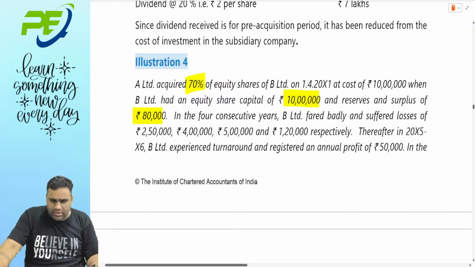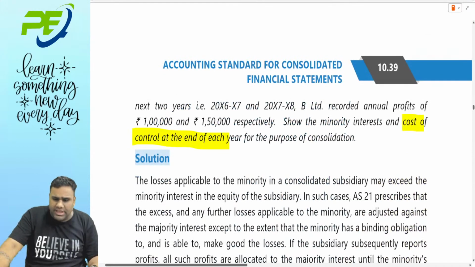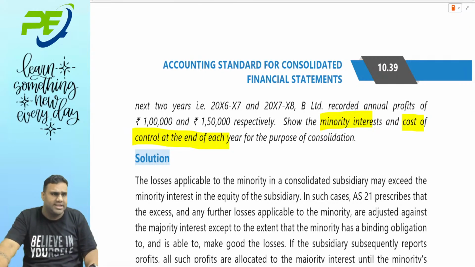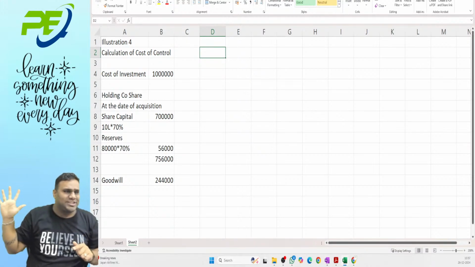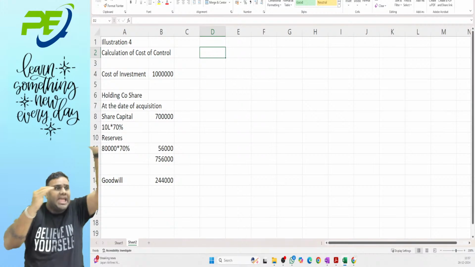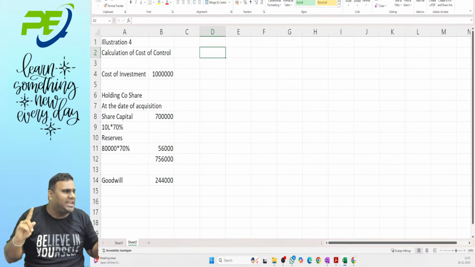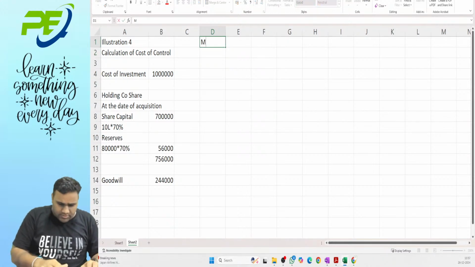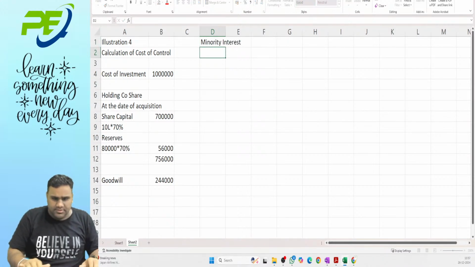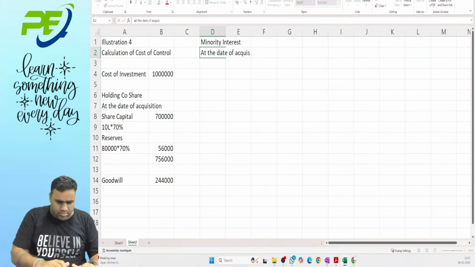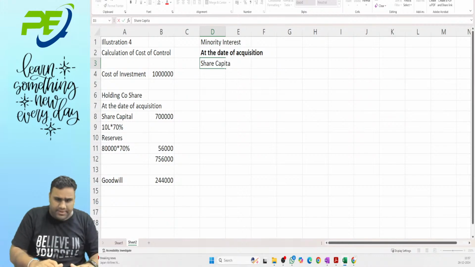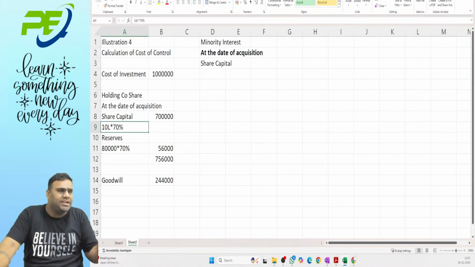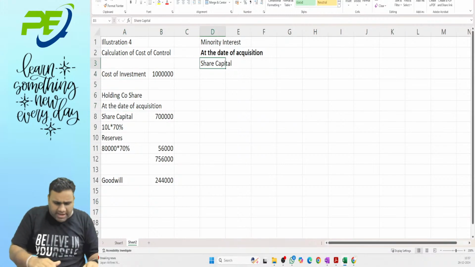Now we have calculated cost of control and they are asking for minority interest every year. So I will start from the beginning: minority interest on the date of acquisition. Then we will see every year how the minority interest changes. Minority interest at the date of acquisition: share capital, 10 lakh, 70% is holding company, 30% minority.